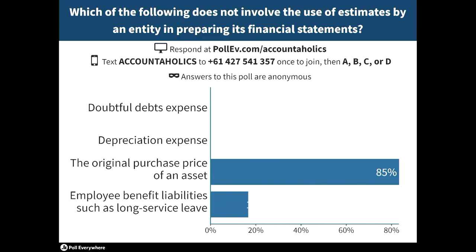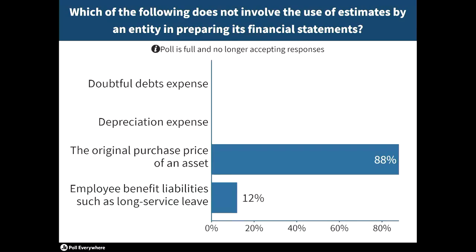Nobody chose A or B. That's good, because doubtful debt expense and depreciation expense do involve accounting estimates, right? The original purchase price of an asset, employee benefit liability, such as long service leave. Which one doesn't involve estimates?